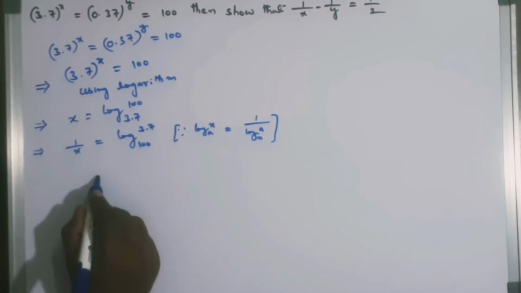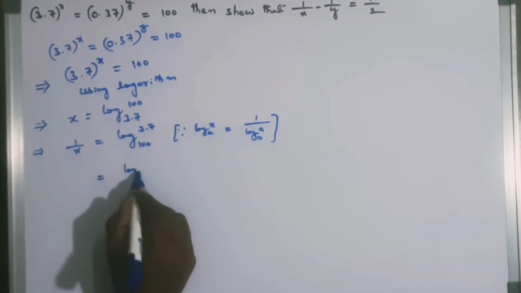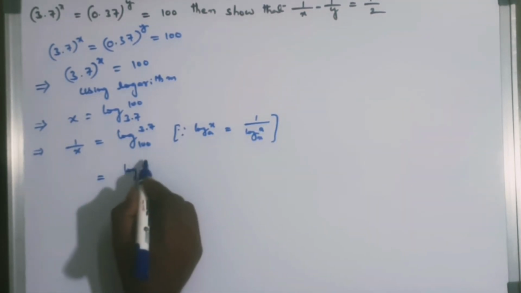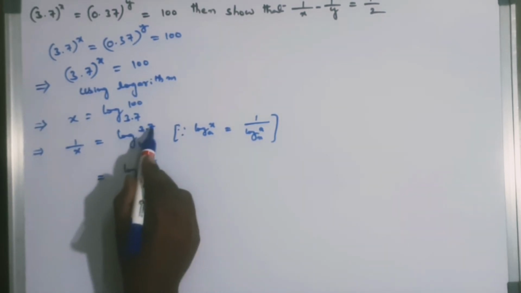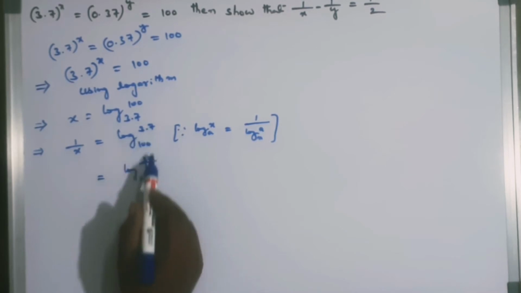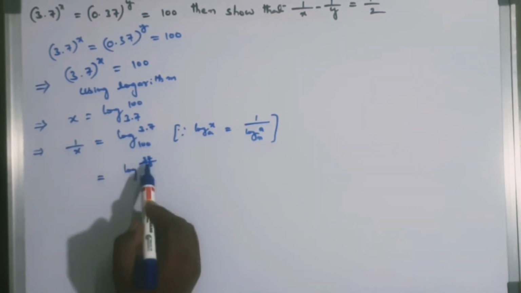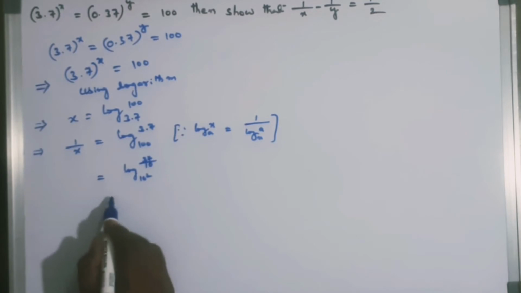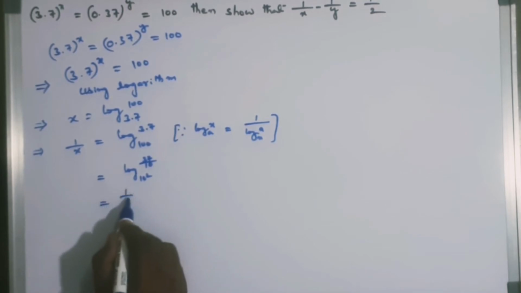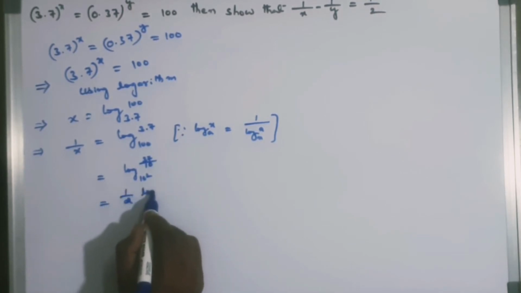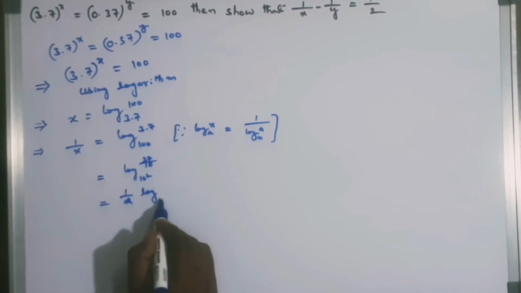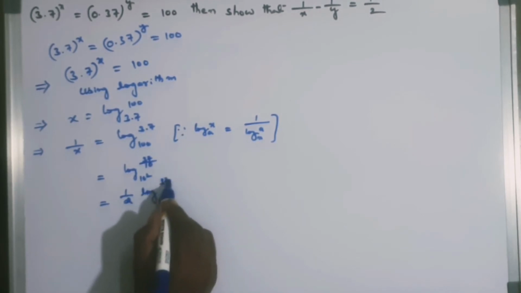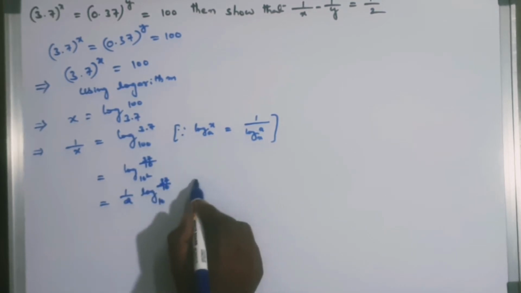This I will write as log of 37 by 10. 3.7, I am writing this decimal, I am converting into a fraction. 3.7 is 37, and 0.7 in the denominator I will write 10, which I will write as 1 by 2 of log base 10 of 37 by 10. What is the formula used here?